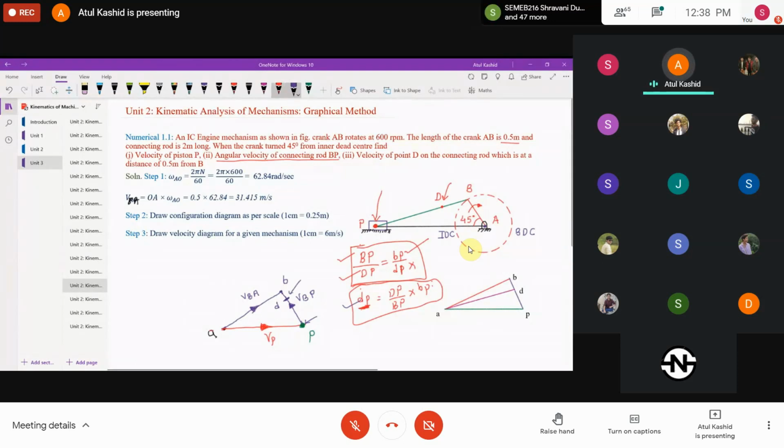Once you get the point d, the only thing you have to do is connect this point d with your fixed point, right?